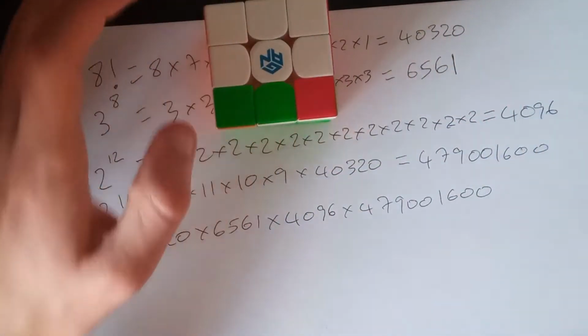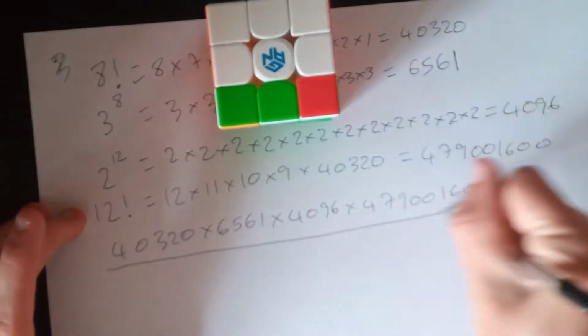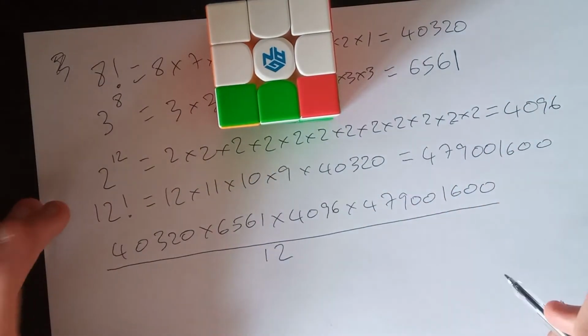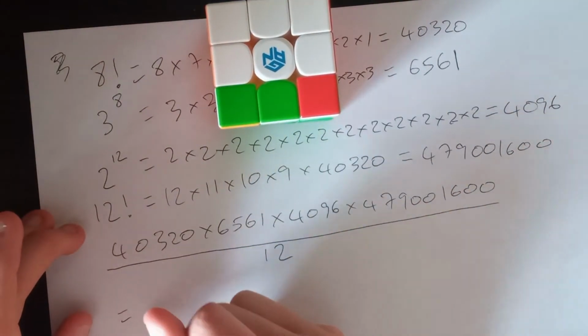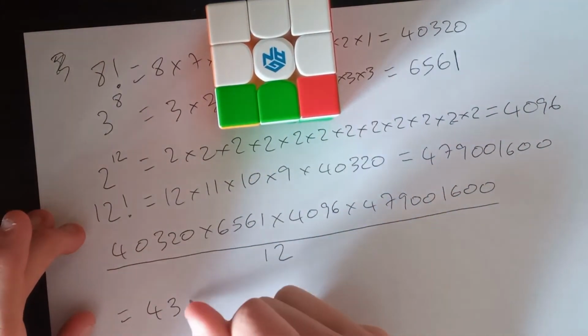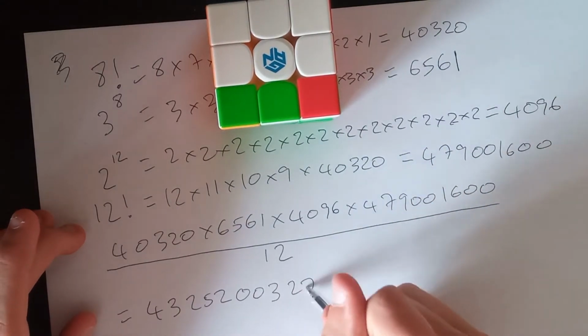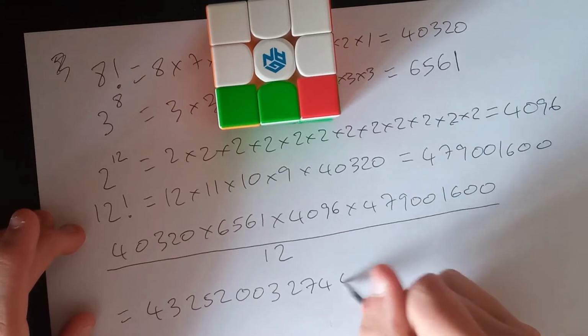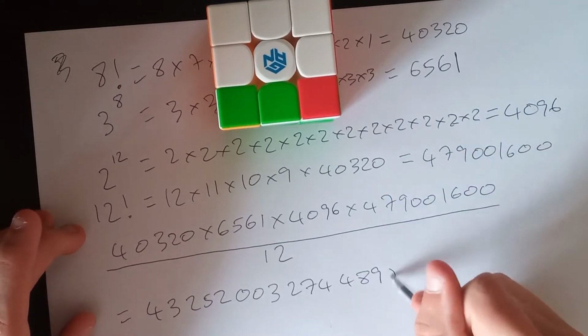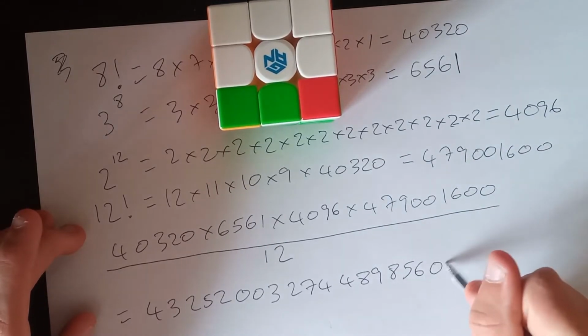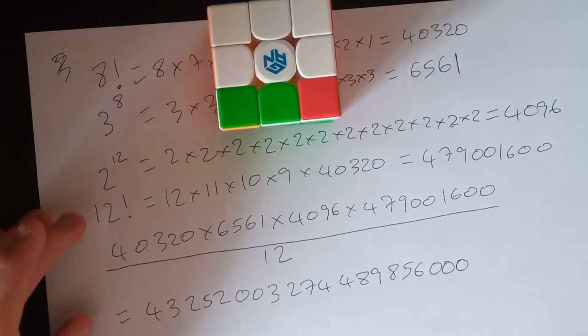So we need to actually divide everything by 12. And doing that, we get the famous number: 43 quintillion, 252 quadrillion, 3 trillion, 274 billion, 489 million, 856,000 and 0.